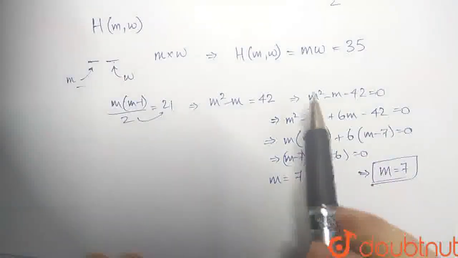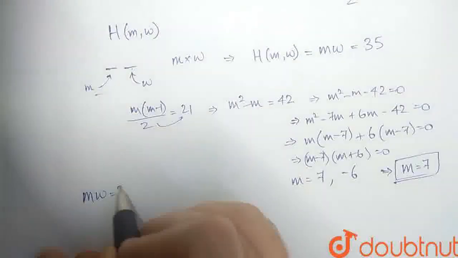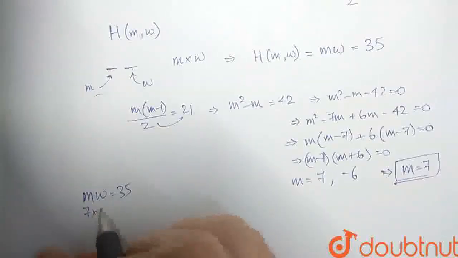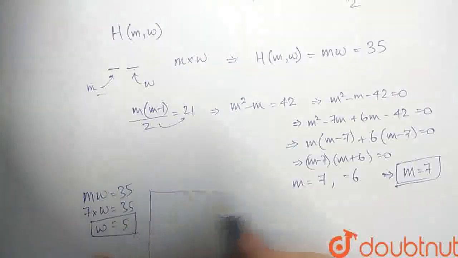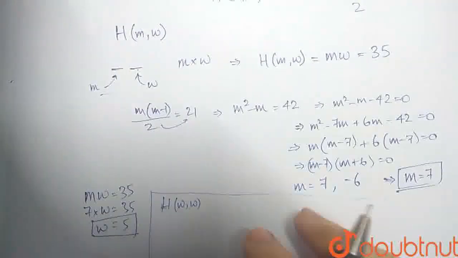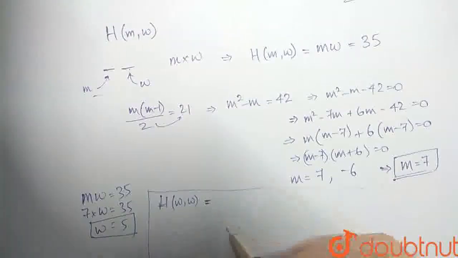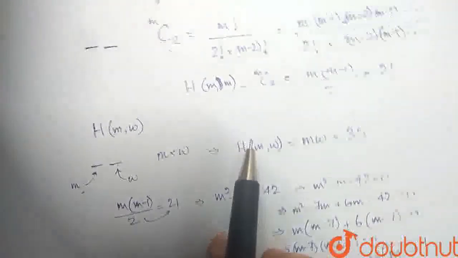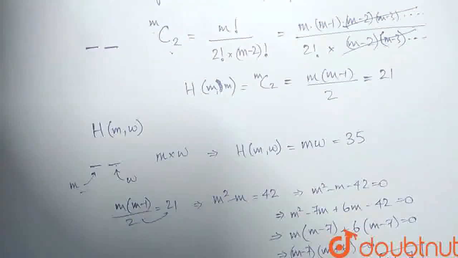Now M equals 7, we can use that here to find out the number of women. So M times W equals 35. M is 7, which means 7 times W equals 35, which means W equals 5. Now what we need to find out is H of W and W, when women shook hands. The formula will be the same as for the men. It is the same format, just this number, instead of being the number of men, will be the number of women.